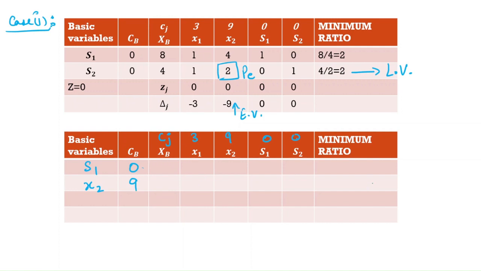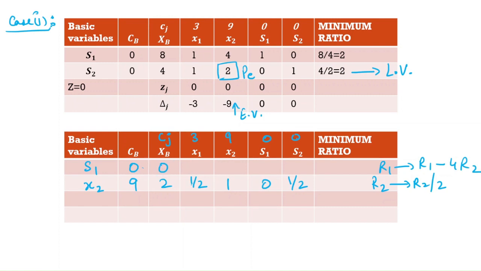I have to divide the whole row by 2, so this becomes 2, half, 1, 0, half, and row 1 goes to row 1 minus 4 times row 2, so 8 minus 8 becomes 0.